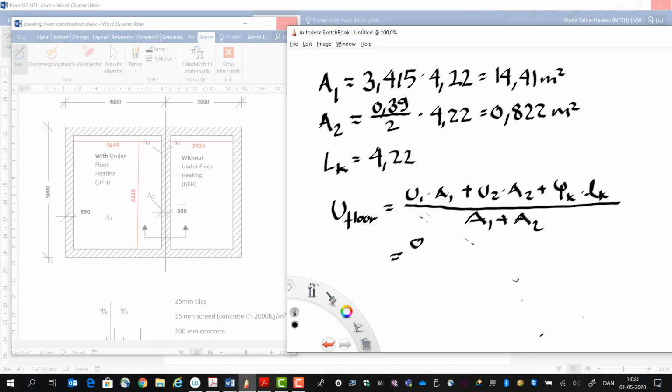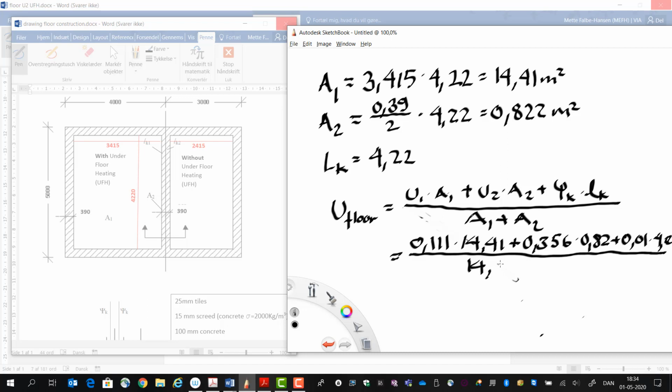So U1, that was 0.111 times A1 14.41 plus 0.356 times the area of U2, which was 0.82 plus psi k, which was 0.01 times the length 4.22 divided by the total area, which was 14.41 plus 0.822, which gives a final U value of 0.12 watt per square meter Kelvin.